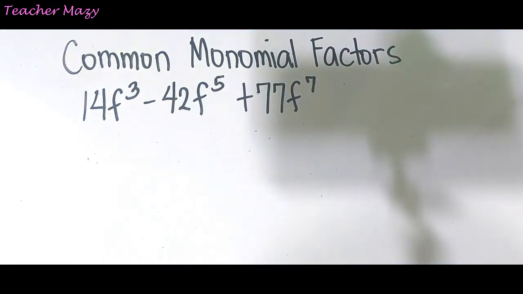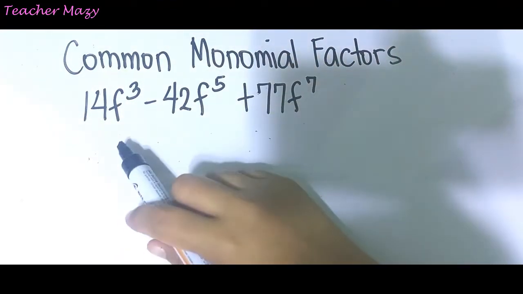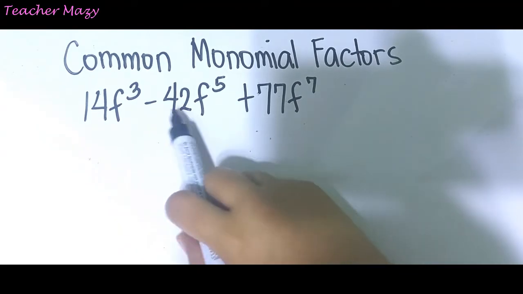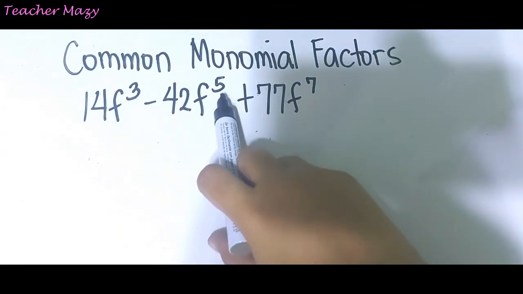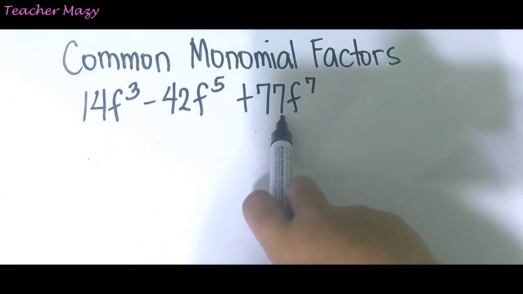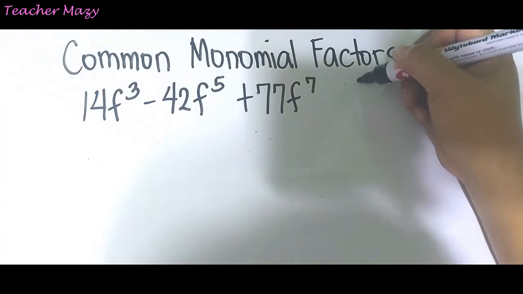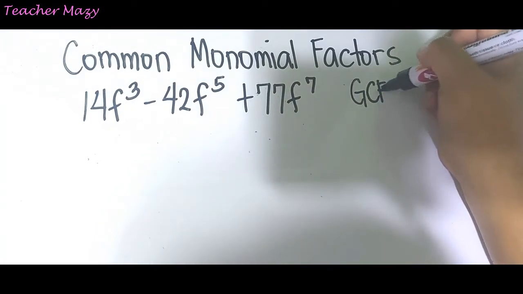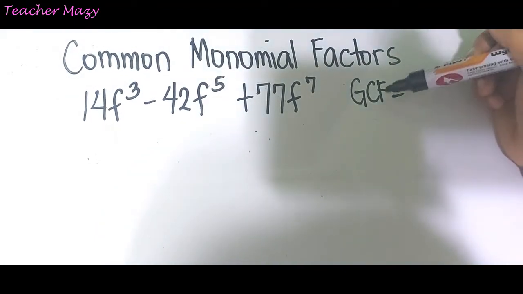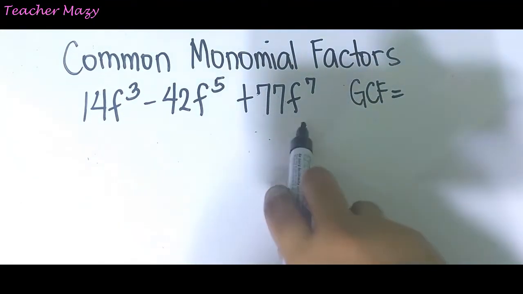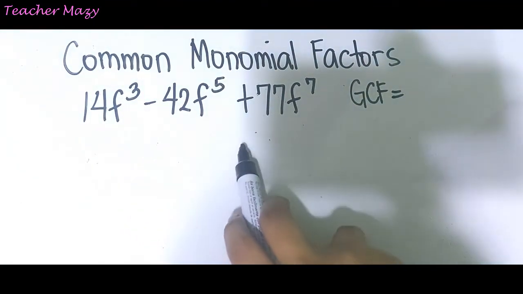Let's have another example like this one: 14 times f cubed minus 42 times f raised to 5 plus 77 times f raised to 7. Again, for step 1, let's get the first factor by finding the GCF between these terms.